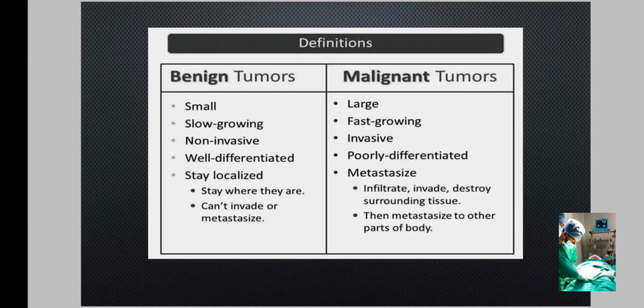But as compared to the benign counterparts, the malignant tumors are larger, fast growing, invasive, poorly differentiated, and they usually metastasize. They try to infiltrate, invade, destroy the surrounding tissue, and they can metastasize to other parts of the body as well.